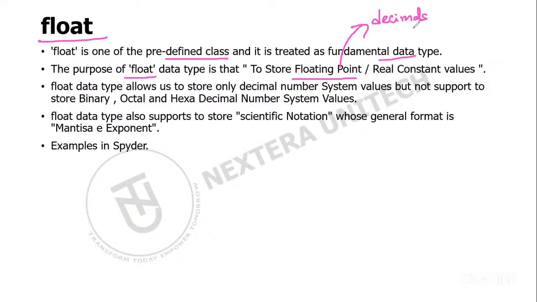If your value contains decimal values, then which type will be used? The float data type will be used. Whenever I want to store floating point numbers, real constant values, then obviously the float type will be used, guys.